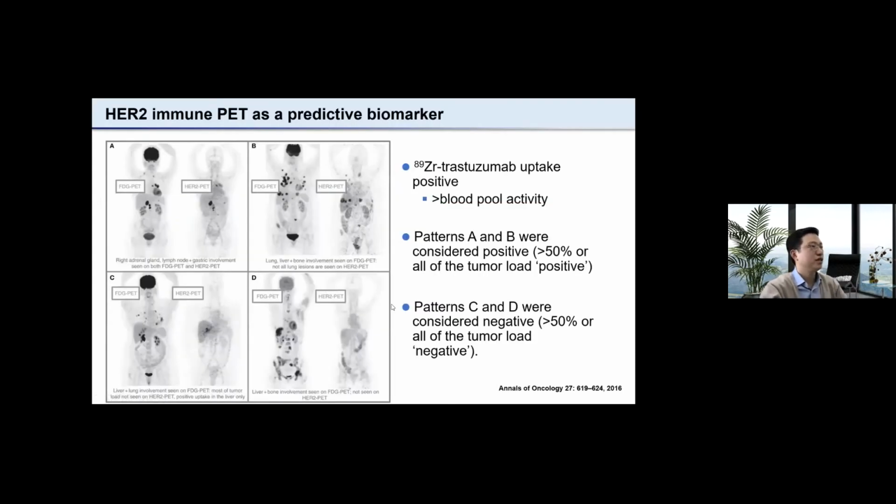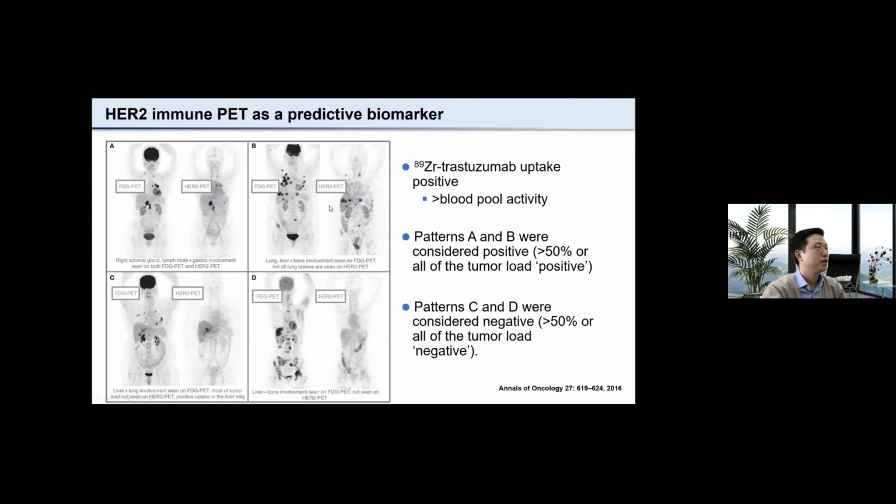The HER2 PET imaging pattern was divided into 4 categories, and A and B were considered positive, and C and D were considered negative. The definition is that trastuzumab uptake positivity is considered when it's higher than blood pool activity. Pattern A indicates all of the tumors are HER2 positive.